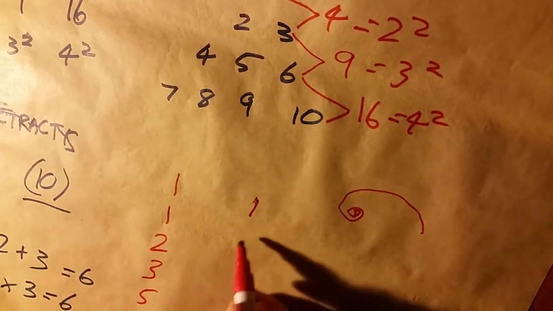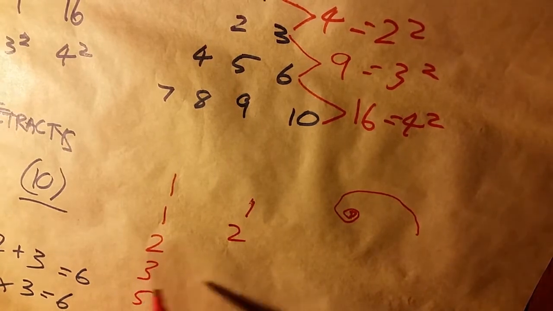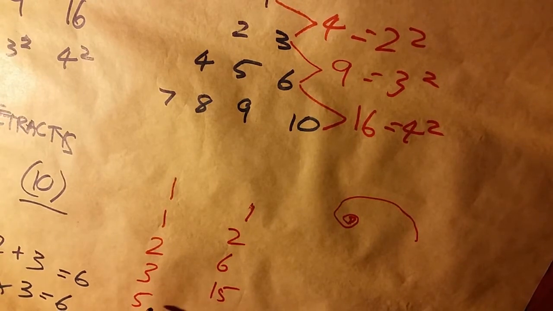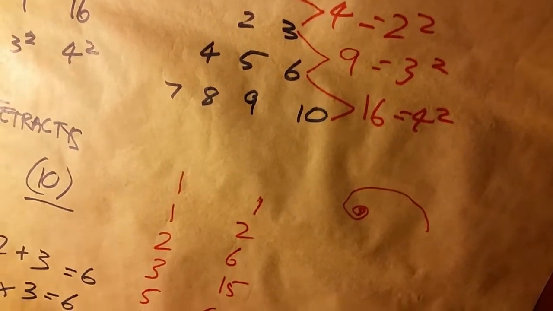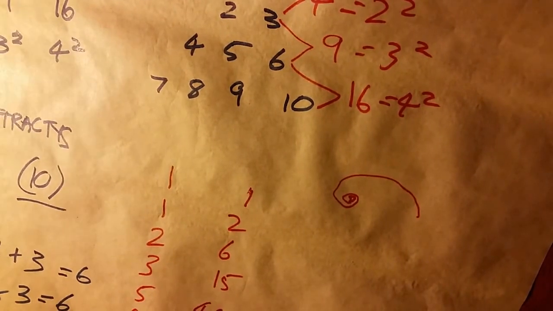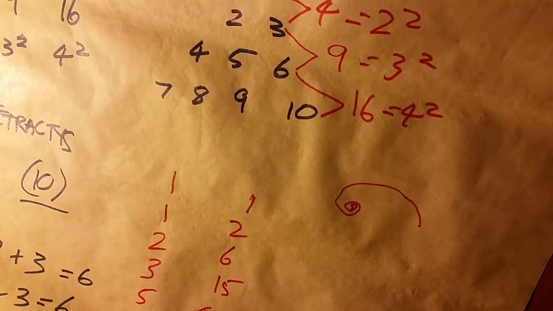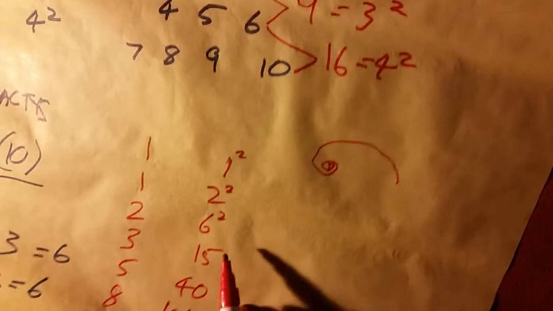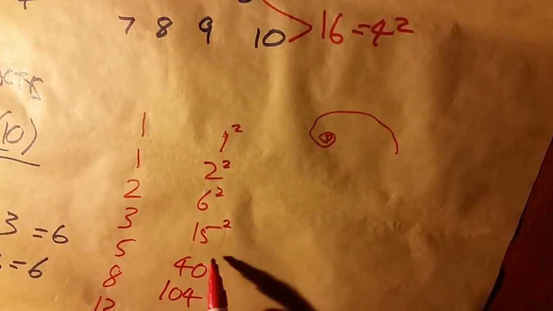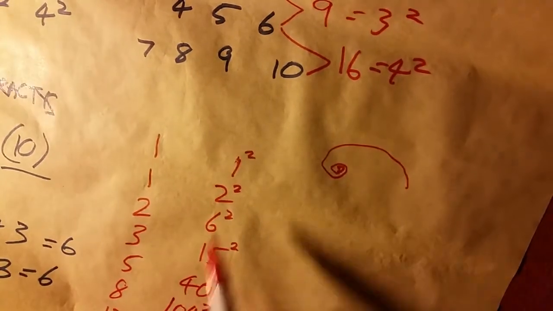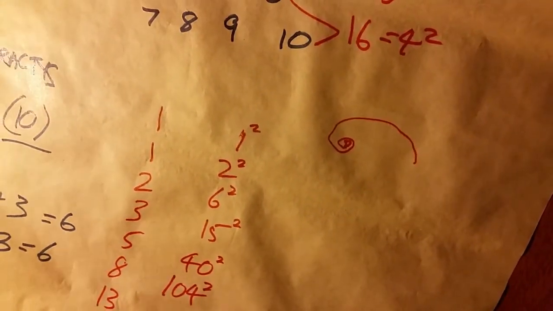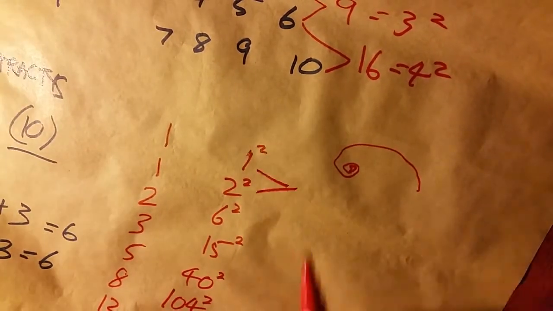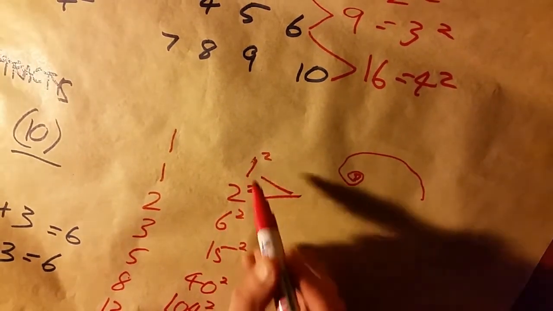So we can work out the area of each rectangle: 2 times 1 is 2, 6, 15, 40, and 104. This would be the area of each rectangle, so the second dimension. Now, what's the difference between these numbers? 2 minus 1 is 1.